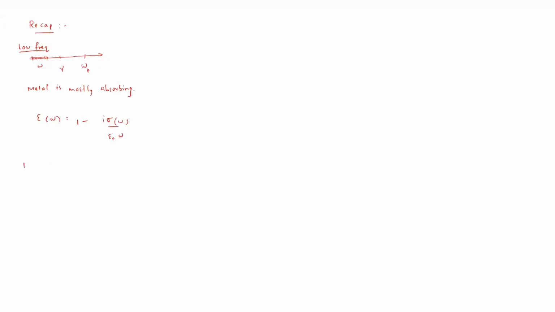At high frequencies, and by high frequency we mean somewhere close to omega p, but still less than omega p, in this region metals are mostly reflecting.